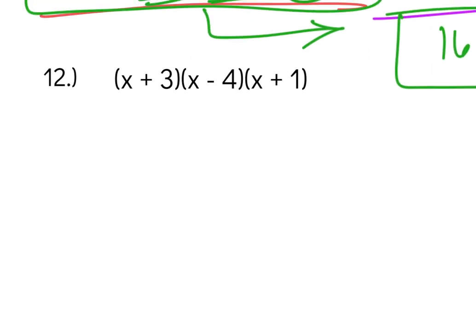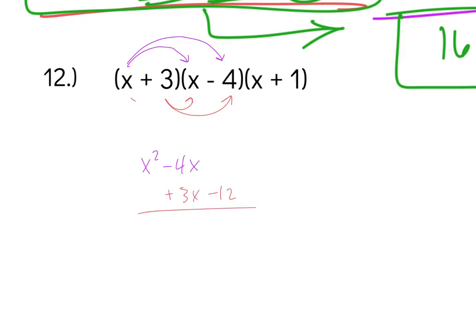Next, we just have 3 binomials. And so all this means is you're going to distribute, distribute, and then simplify what you've gotten. So you're going to get x squared minus 4x plus 3x minus 12. And now simplify that. So you get x squared minus x minus 12.